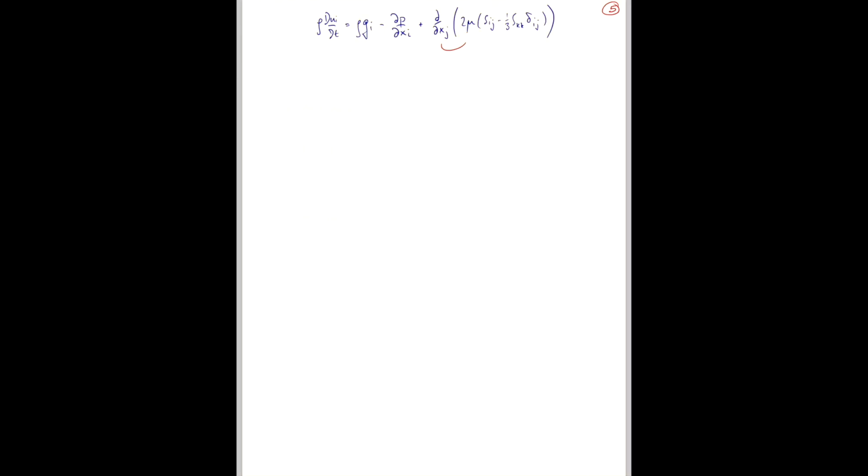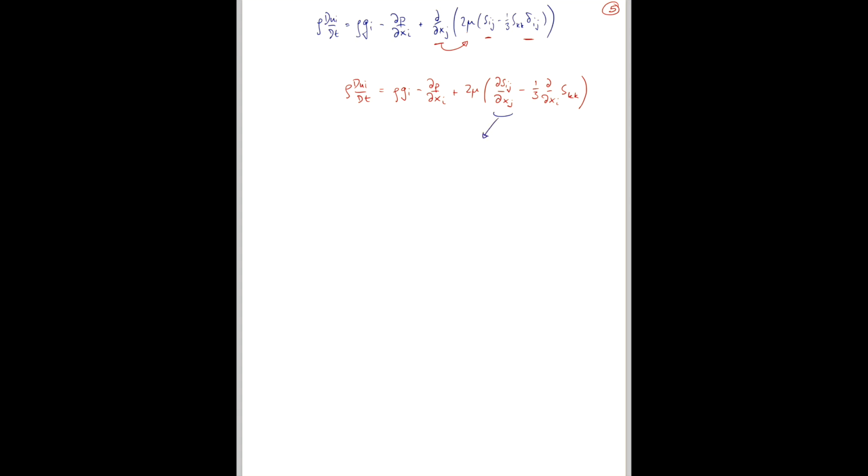So let's bring the derivative term in and act on these two individual terms here. And we'll see that d by dxj acting on the Kronecker delta again contracts to d by dxi. So I write this as... now let's look at the first term in the parentheses here in detail.